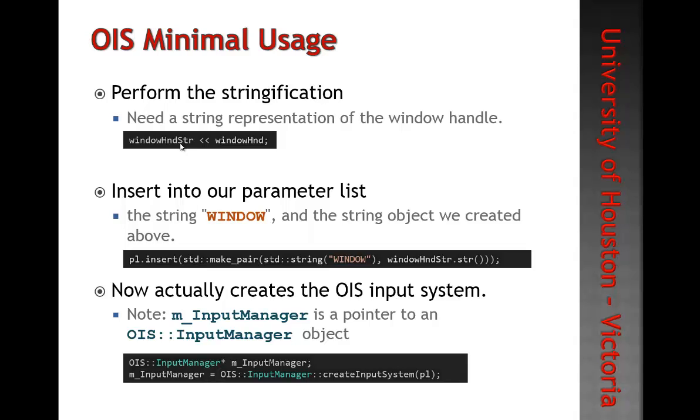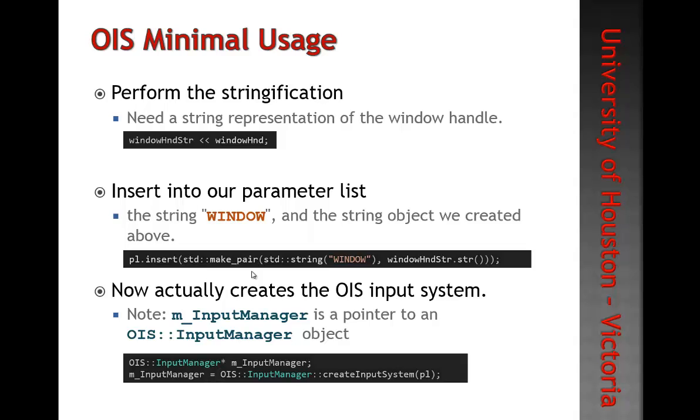Once this is done, we will put the pair of the window handle string and then the window as a parameter list. So we insert the window and its string object as a pair into the parameter list. This parameter list then can be used to create your OIS input system manager.